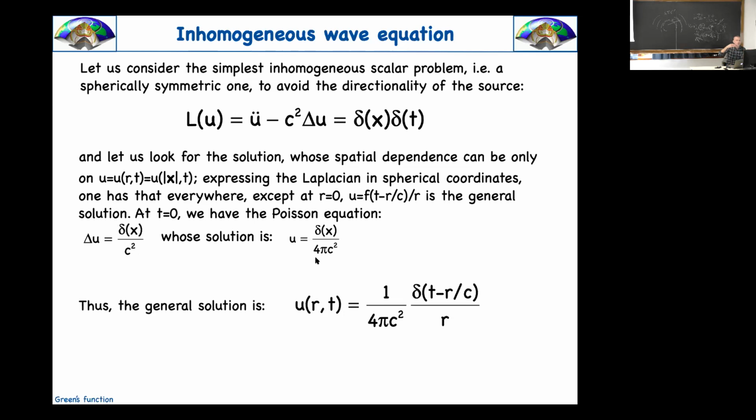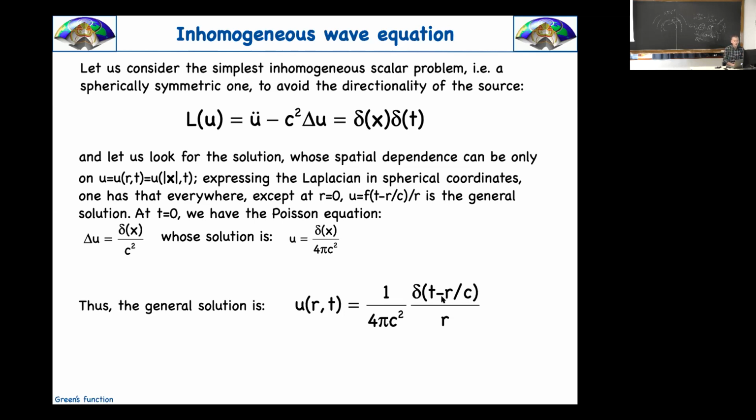And now when you consider the time varying case, what you have to replace here is a retarded time. So this is very intuitive because you have to wait for the message from the source to arrive at your position R after a time that is position divided by velocity.